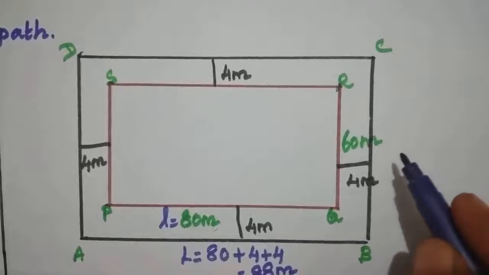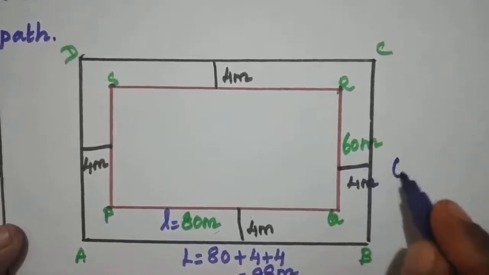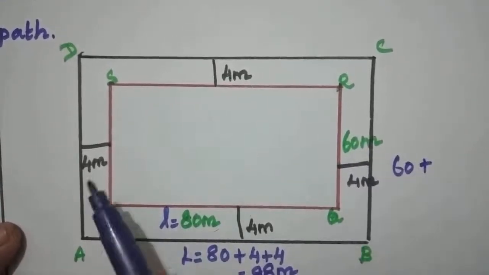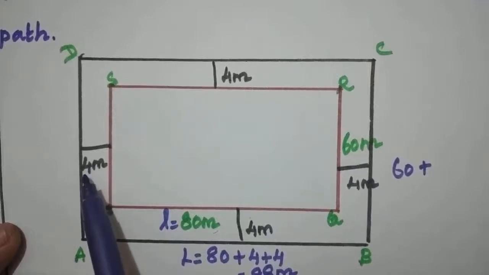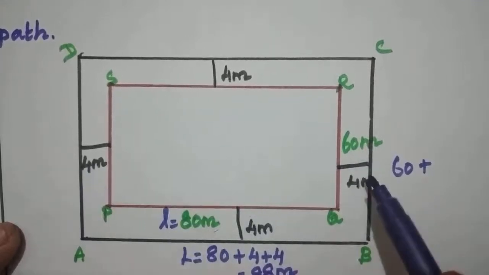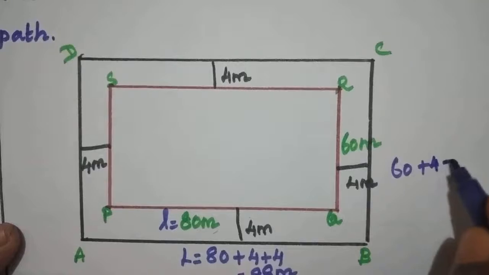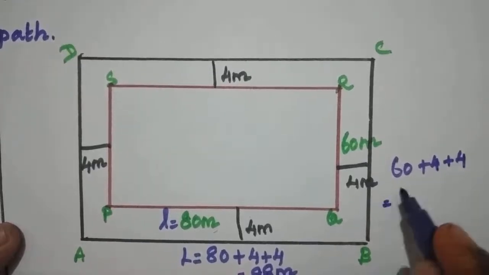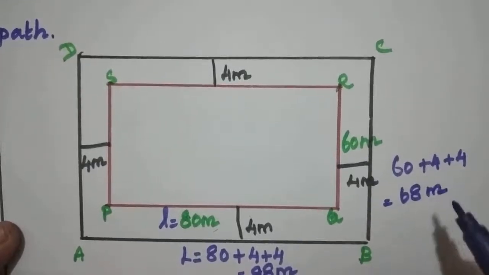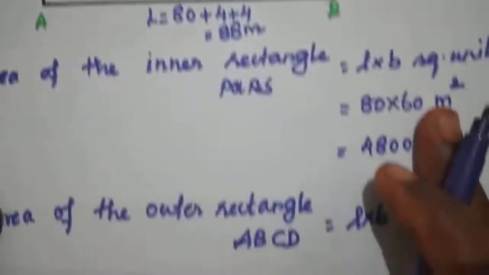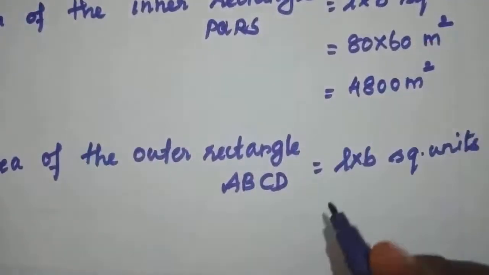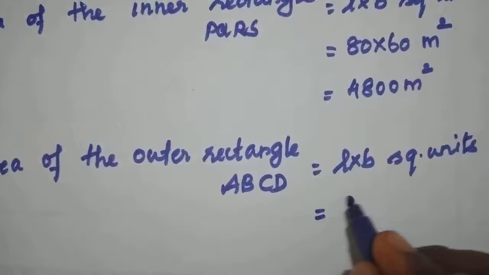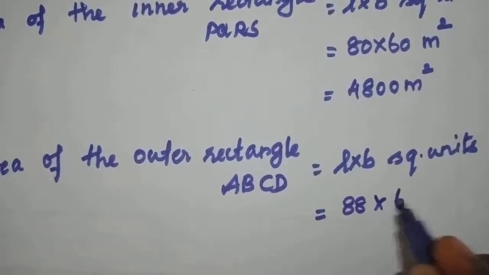Similarly, the breadth of the inner rectangle is 60 meter and the width is 4 meter on this side and 4 meter on this side. So you have to add both the sides. So you will get 68 meter. Then 88 into 68.